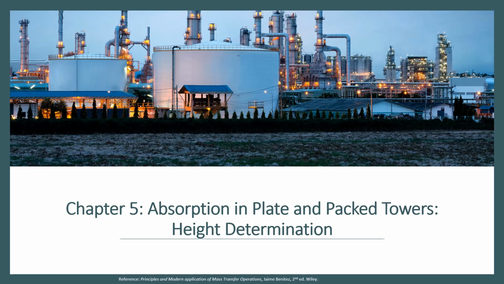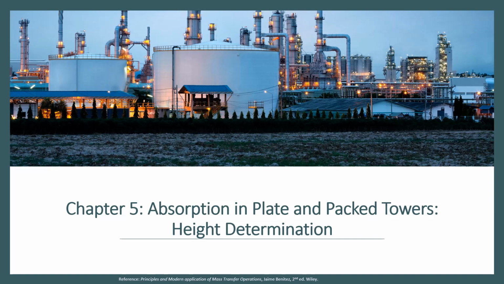If we have a high mass transfer rate, then the column required will be shorter, the contact between the gas and liquid phase will be shorter. And if we have a slow mass transfer rate, then obviously the contact between the gas stream and the liquid stream has to be longer.